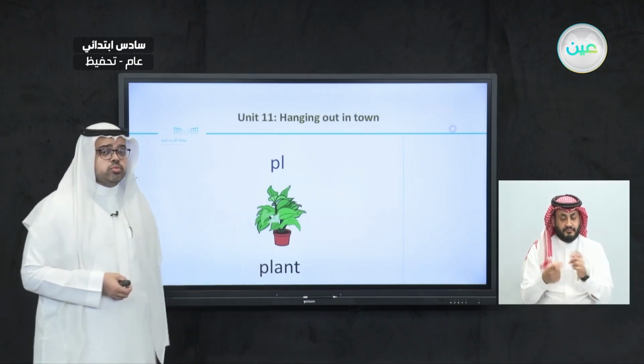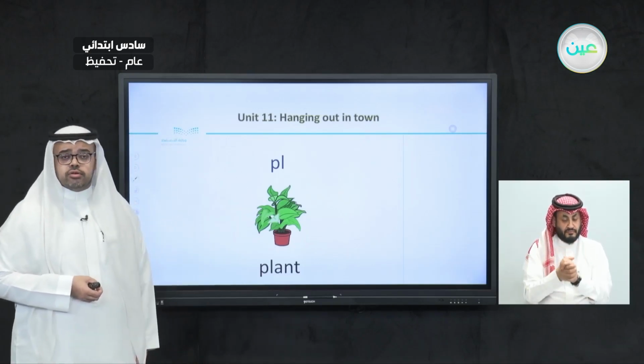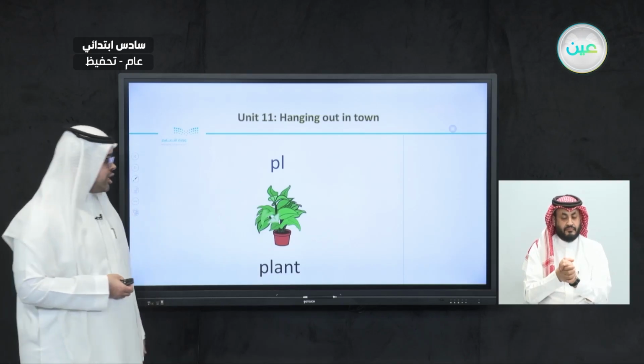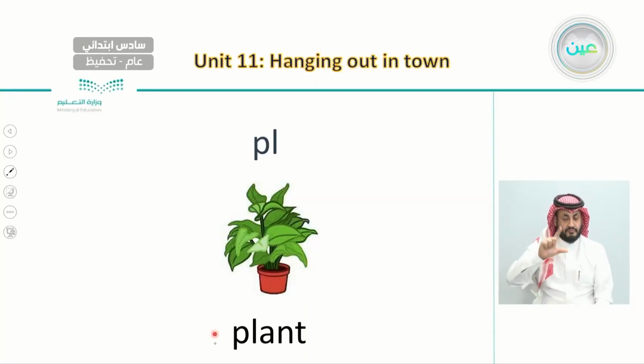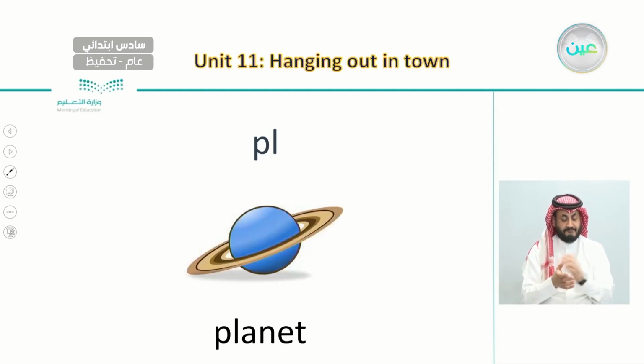The first blend we have here is the blend that starts with P and L, which is plant. Plant. And the second word we have for this blend is planet. Planet.